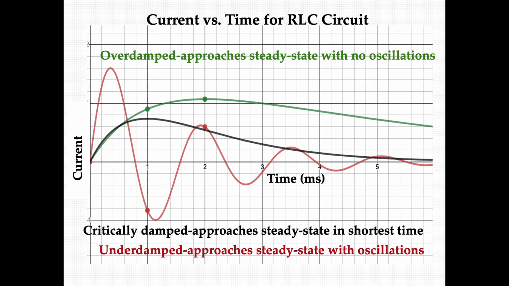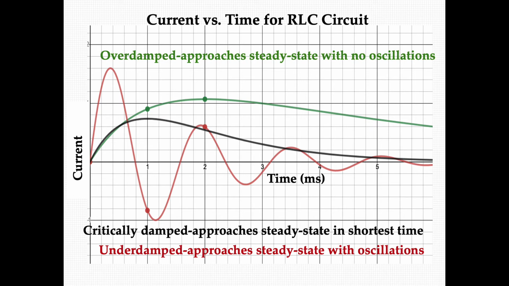This is what the three graphs look like. So in one case, the red one is the one you're trying to get, the underdamped one. The critically damped one goes to zero in the shortest time possible. And then the overdamped reaches steady state with no oscillations.